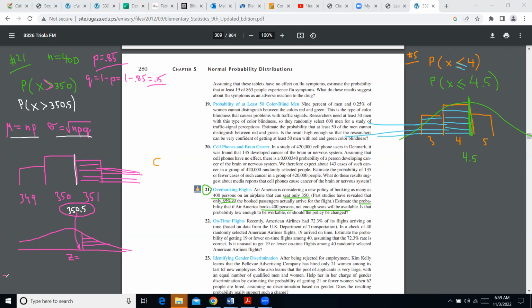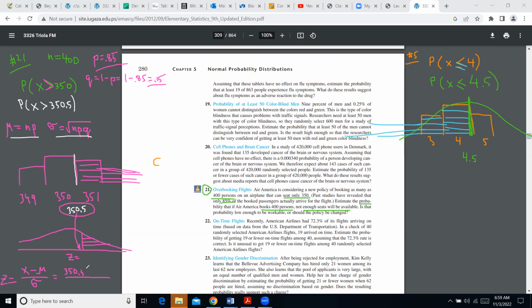So for z-scores, we have the formula x minus mean over standard deviation. That's the formula for z-score that we're using here, since we need to convert this binomial distribution to the normal. And the value of x, we were given, is 350.5.